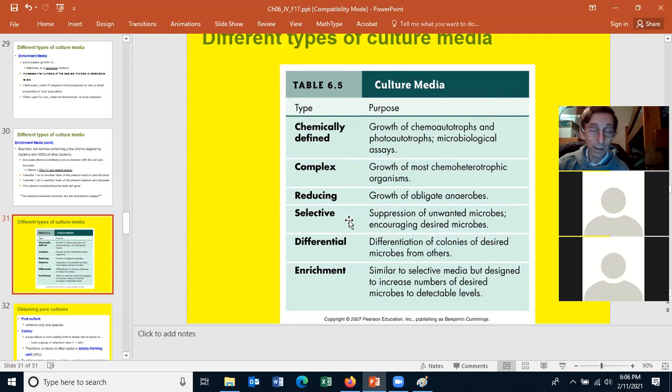A selective media, this is one where we select for the organism of interest and it selects against other organisms. A differential media, which allows us to see differences in different cells. And then lastly, an enrichment media, which is selective, but it's designed to increase the numbers of a desired microorganism to detectable levels. Any question about any of that?